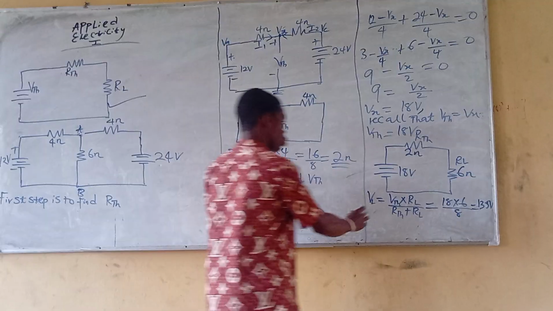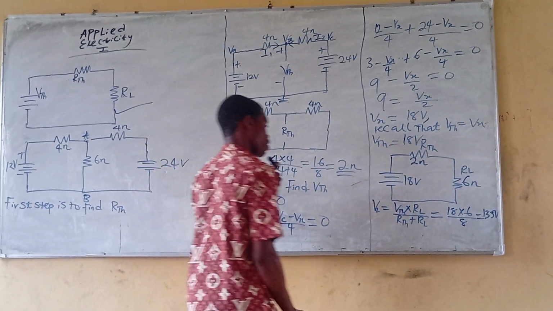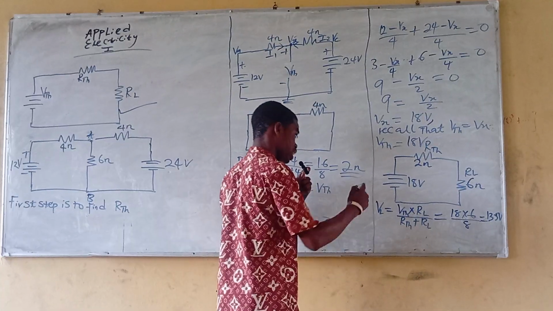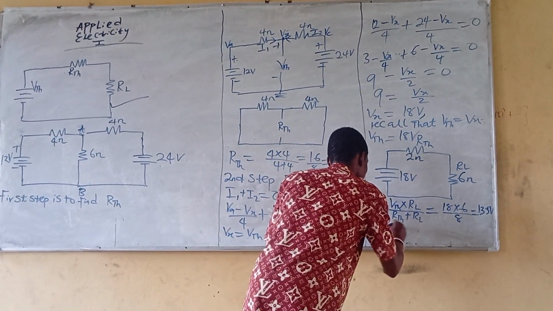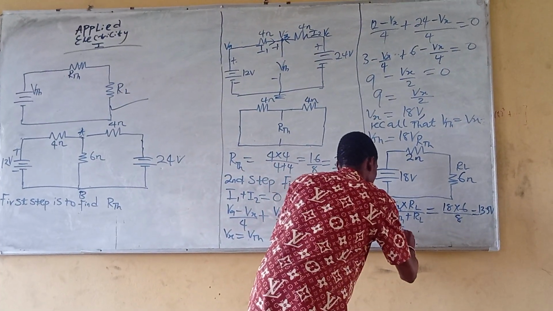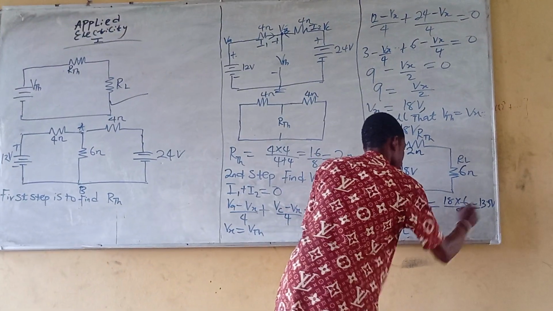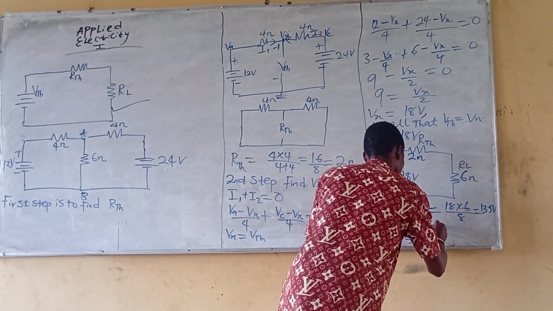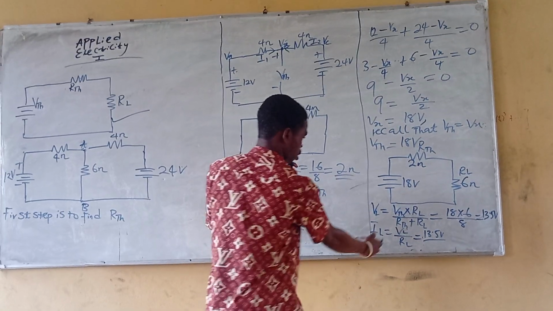Since we know the voltage across the load resistance, we are going to apply Ohm's law. So I load equals what? The V load over the R load. Understood? So the V load equals 13.5 volts divided by RL.